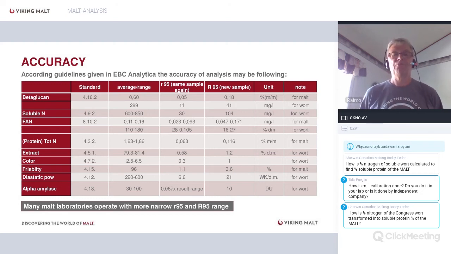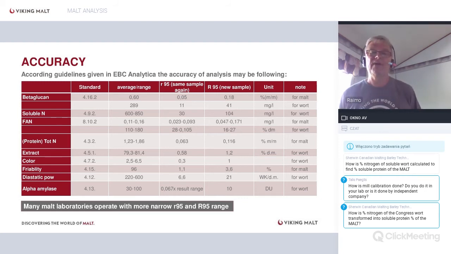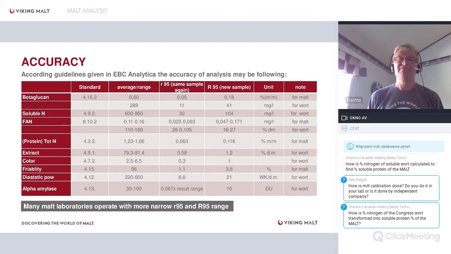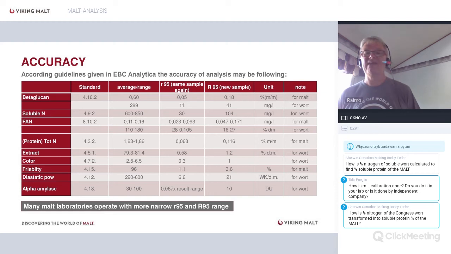There is an average range up to 289, and if we do the small r 95, so we would do the same sample and it will be analyzed again, here it says that between analyses of the same sample from the same wort, you can have a range of 11.